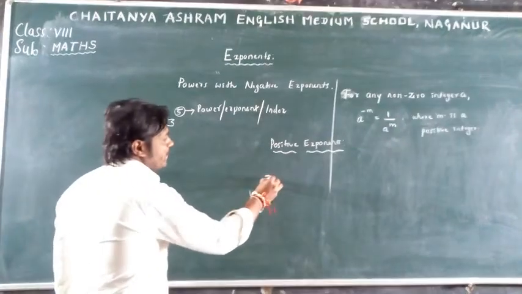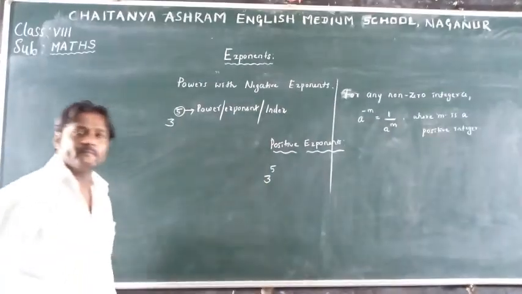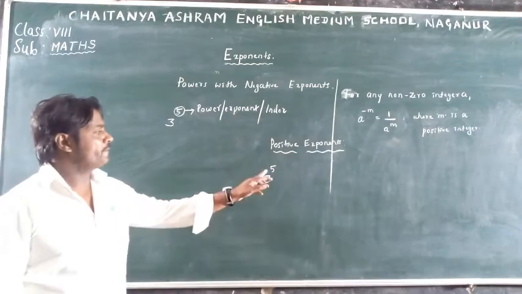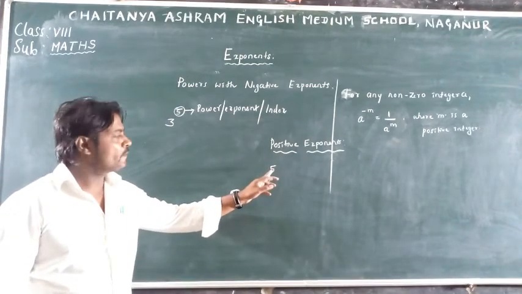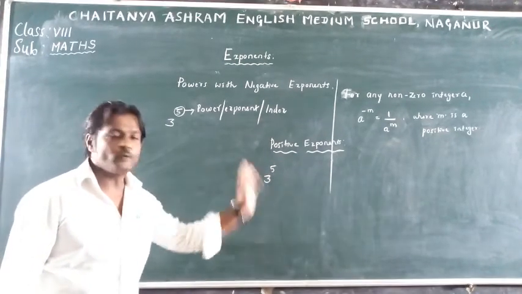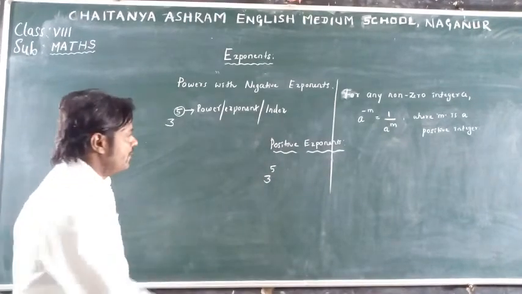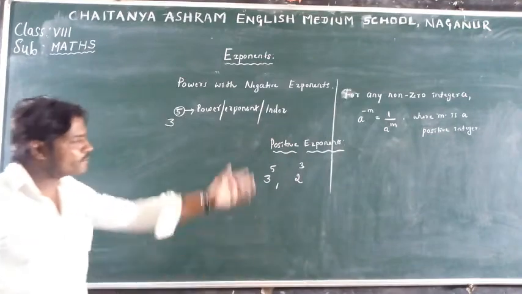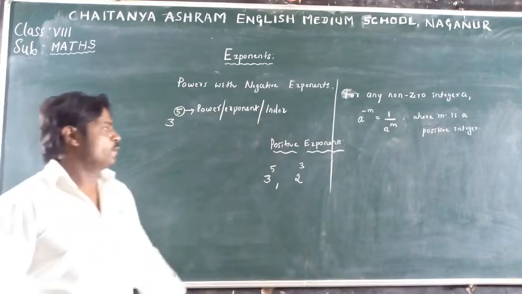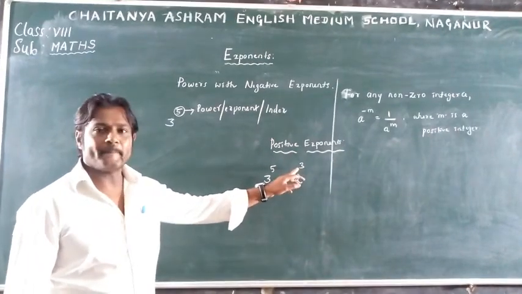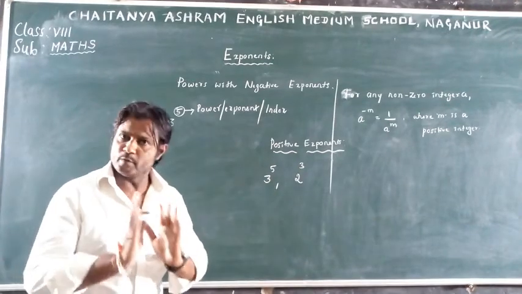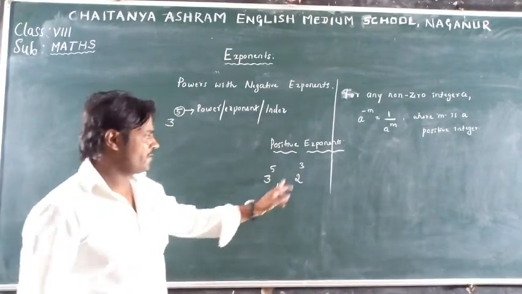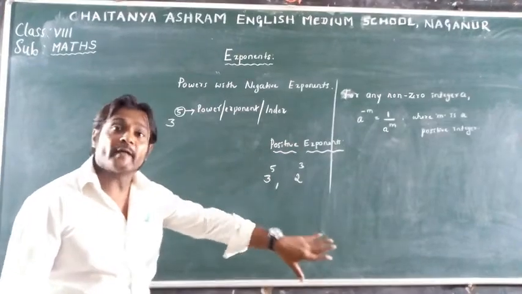Now 3 raised to the power 5: what is the power? 5, a positive integer, so it is a positive exponent. Now 2 raised to the power 3 is an exponential number. What is the power? 3, a positive integer, so this exponential is a positive exponent.